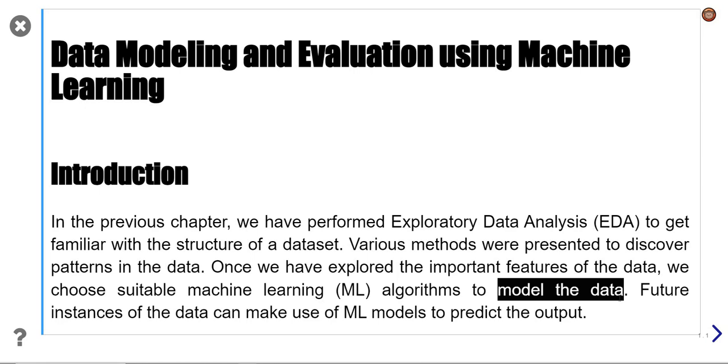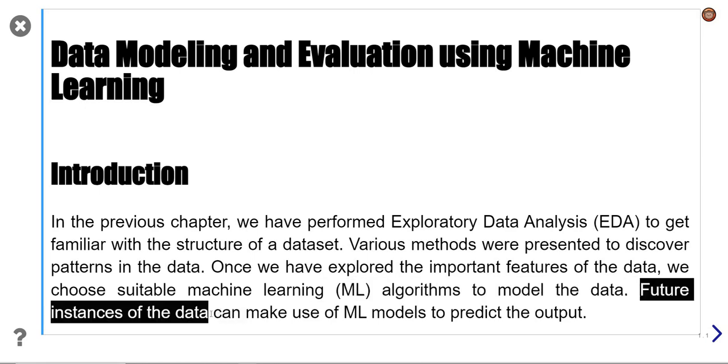So once you have modeled a particular data, let's say future instances have the same data format, you can feed it into the model to predict the output, because you already have the model. For example, take the very simplest model, y equals mx plus c.